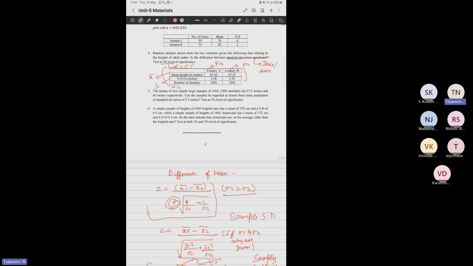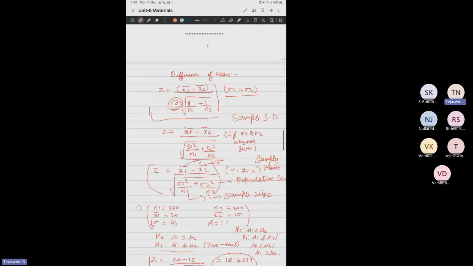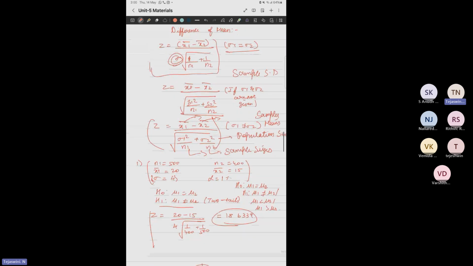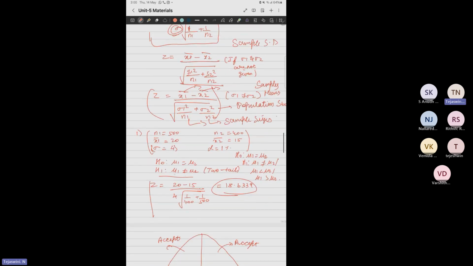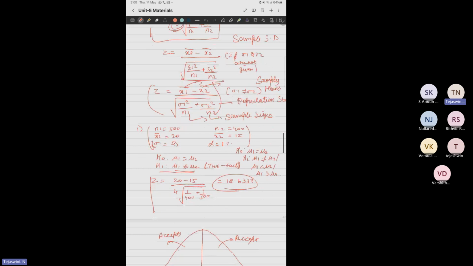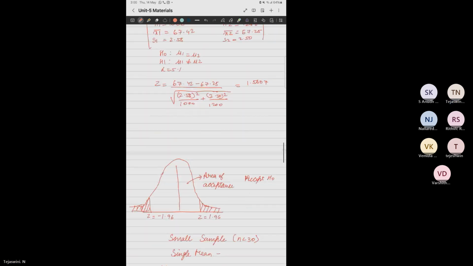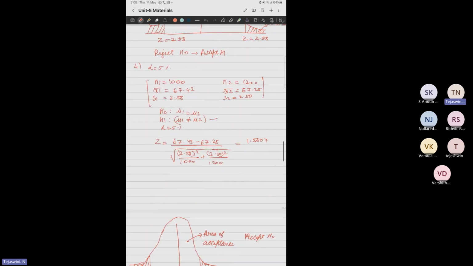So we have to just check if it is significant. That is, mu1 is equal to mu2 will be H naught. If it's not, mu1 is not equal to mu2 will be our alternative hypothesis. So since this is the hypothesis, we'll have to use the two-tailed method over here.